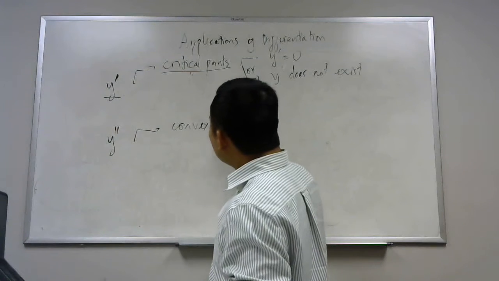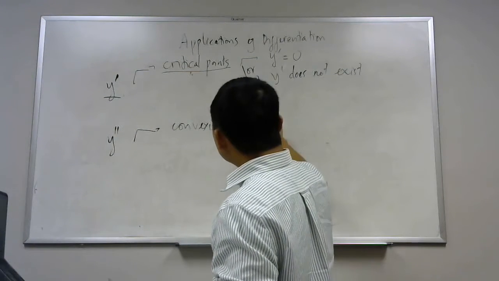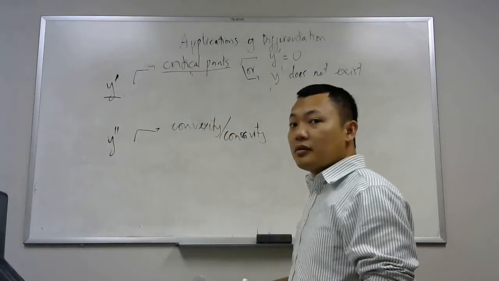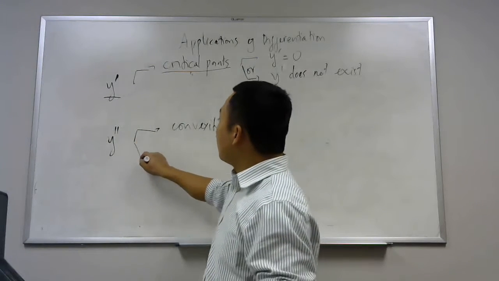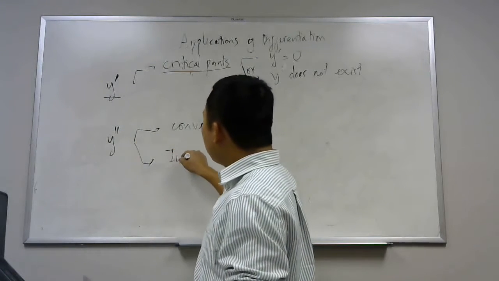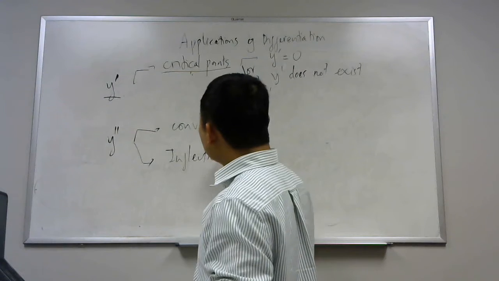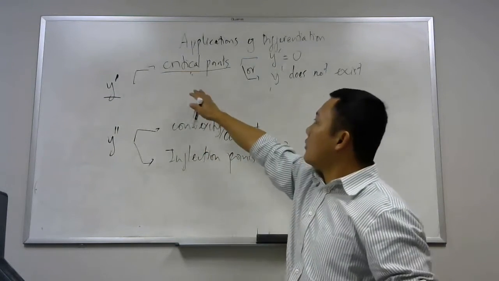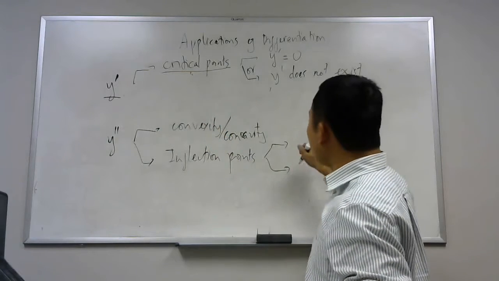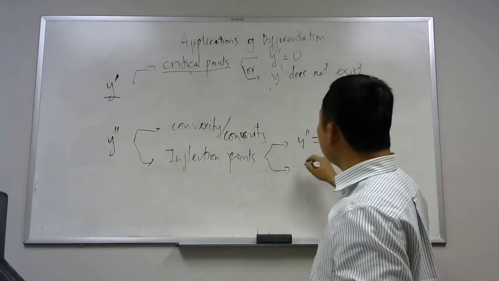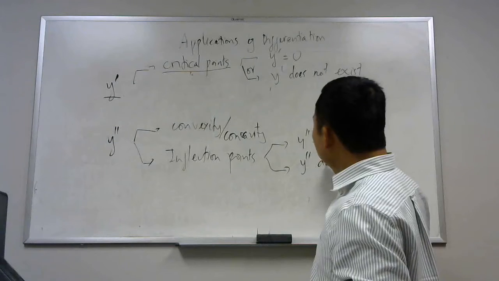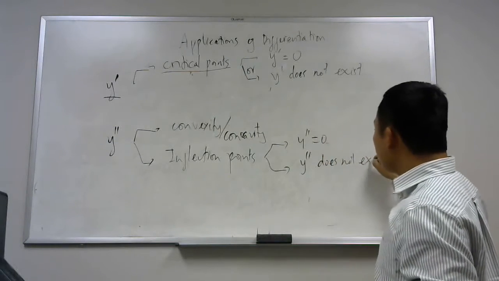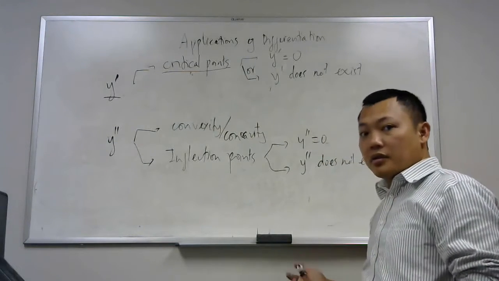And in order to do that, we need to find inflection points, right? Similarly to critical points, inflection points are points where the second derivative is equal to 0 or the second derivative does not exist. So we need to consider two cases.